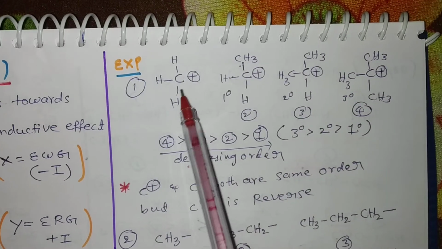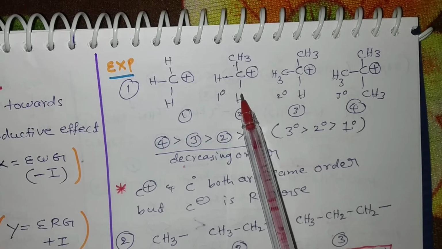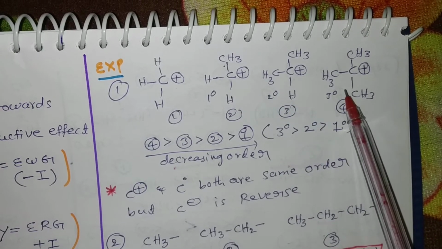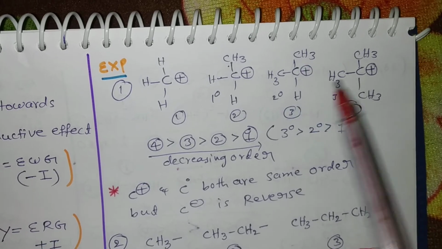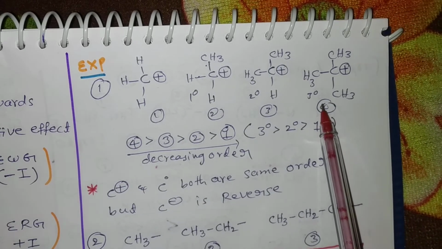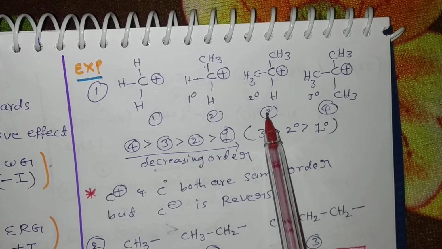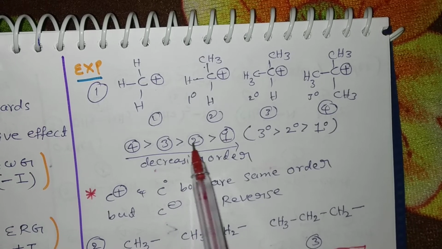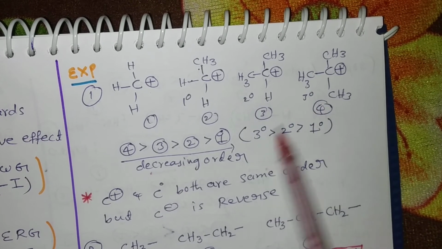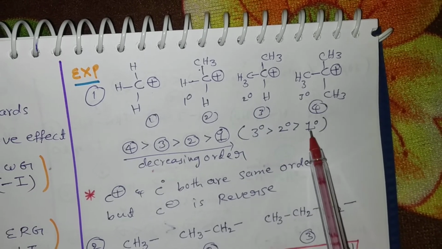Examples: CH3 plus, primary carbocation, secondary carbocation, tertiary carbocation. In decreasing order of inductive effect, the fourth is more than the third, second and first, because the fourth is the tertiary carbocation, which has more inductive effect than secondary and primary.